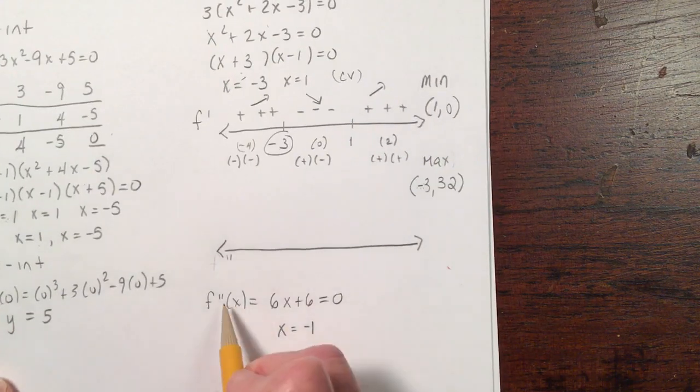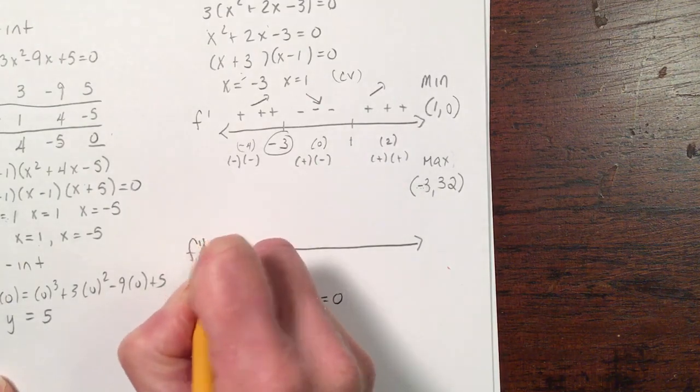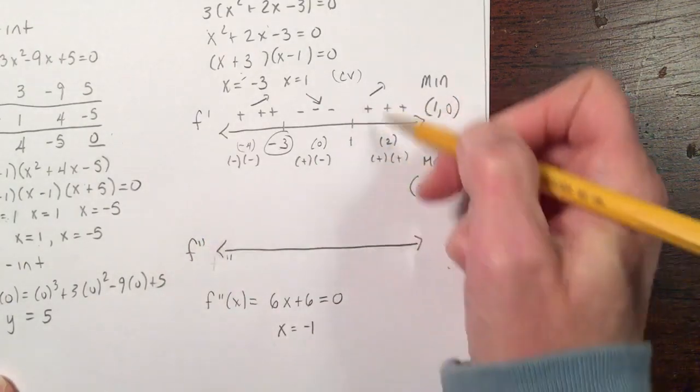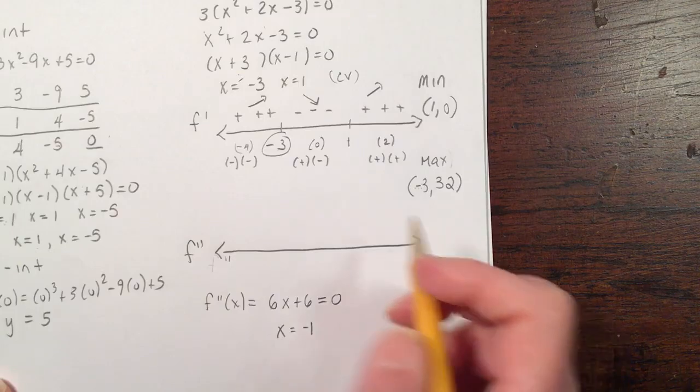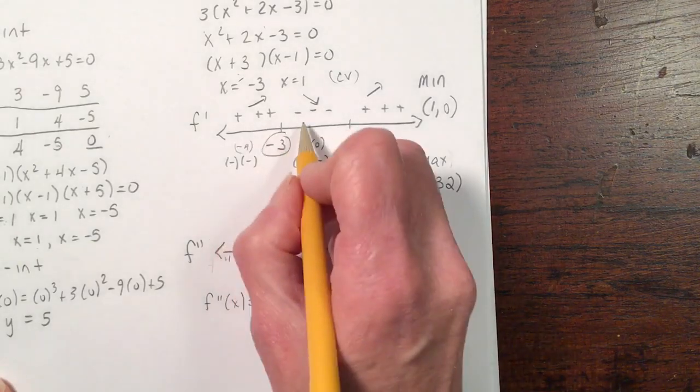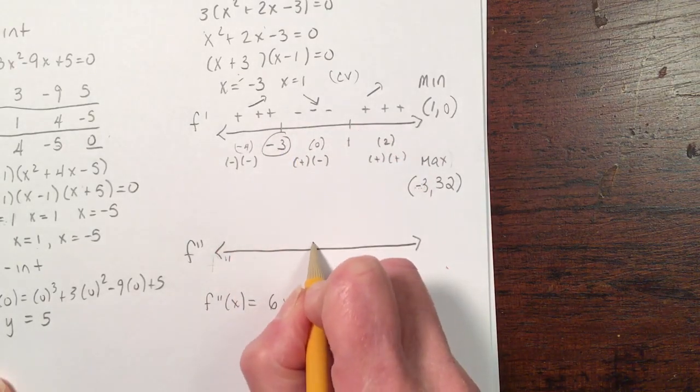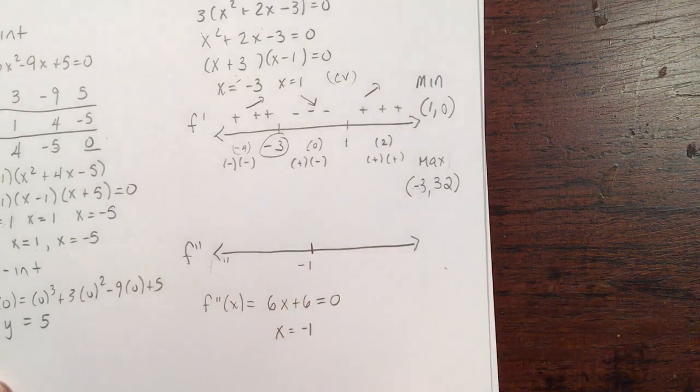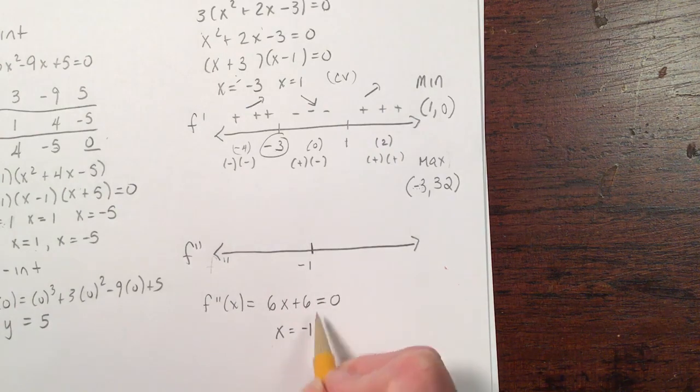Moving back down to the second derivative. Notice how I'm putting my number lines kind of next to each other. I'm doing that on purpose. So my negative 1, if I was going to kind of line these up, it's not great, but it should be about there. And if I test each interval now, remember we're testing in the second derivative.